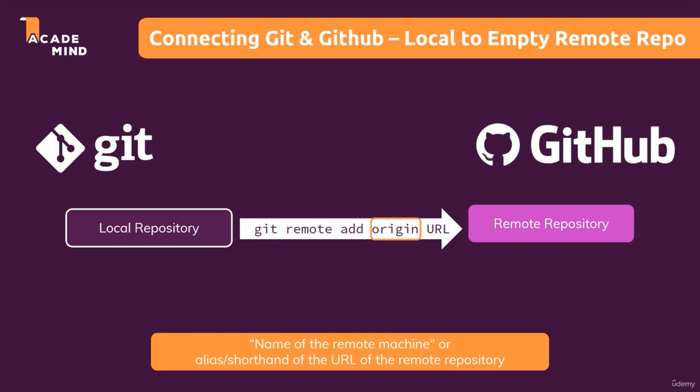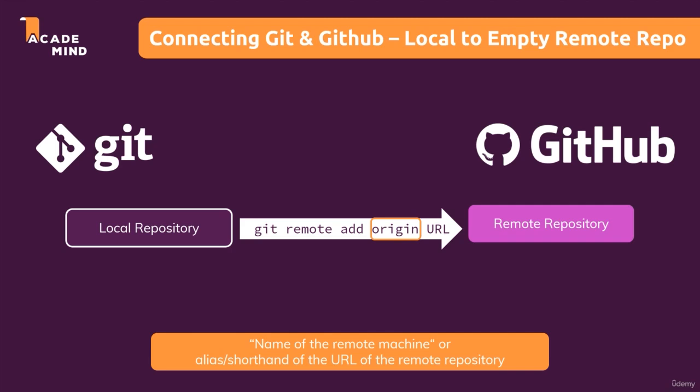So in simple terms, the last part of this command, the URL, is a unique URL to this remote repository on this remote server, and origin can then be used as a shorthand instead of this URL later whenever we want to interact or refer to this remote repository. So with this command, in the end, we simply establish the connection to this remote repository, which can be identified by a unique URL and which can be referred to later by the origin keyword.